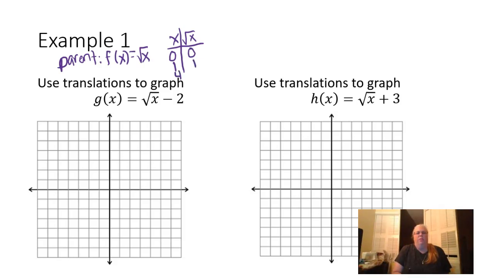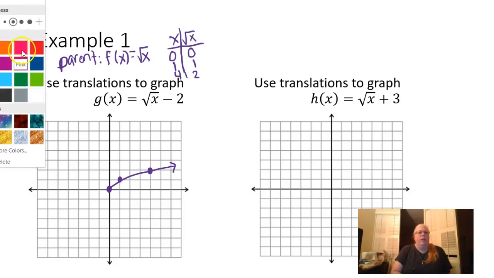And when x is equal to 4, the square root of 4 is 2. So the parent function has a point here, a point here, and a point here. And it looks kind of like half of a parabola laying on its side there.